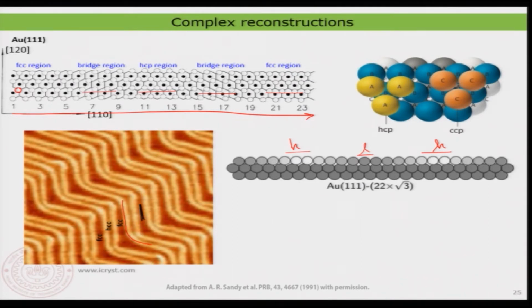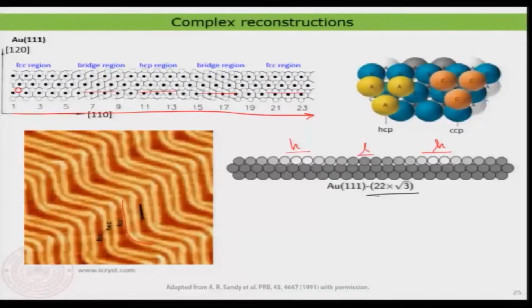But now you see the reconstruction is about 22 times root 3. It is a very large reconstruction. That means the surface atoms are not just reorganizing with their neighbors, but are reorganizing together with about 23 atoms along a unit lattice direction.